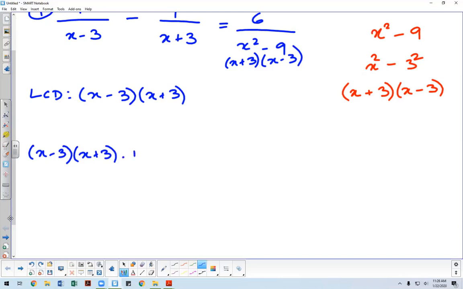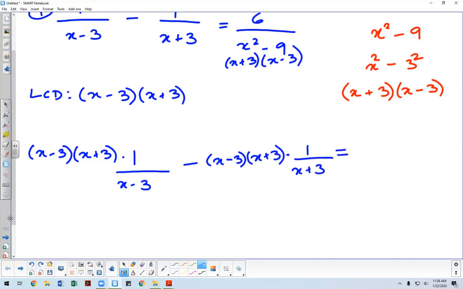So that's going to be the first term, x minus 3. Then we have a minus sign here, multiplied with our second term, which was 1 over x plus 3. And then on the other side of our equal sign, I'm actually going to write the denominator in factor form so it'll become easy for us to cancel out.